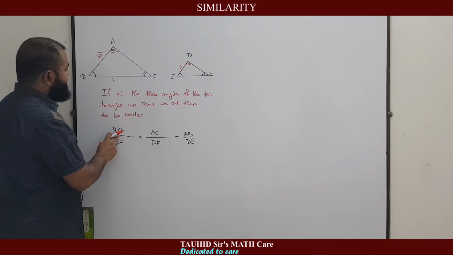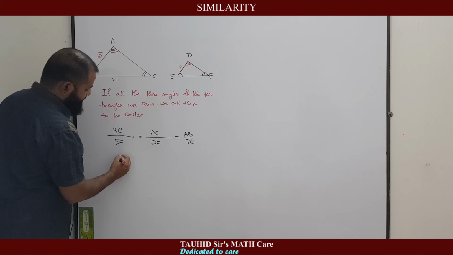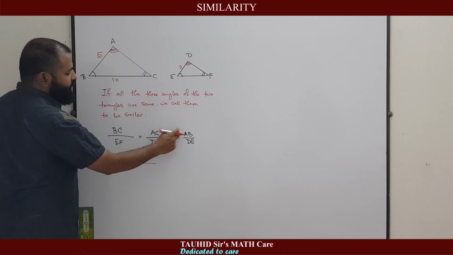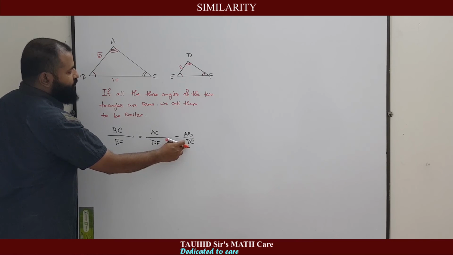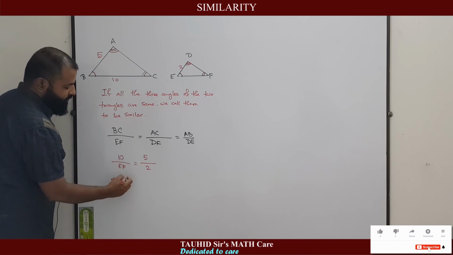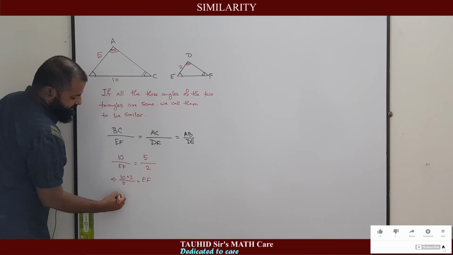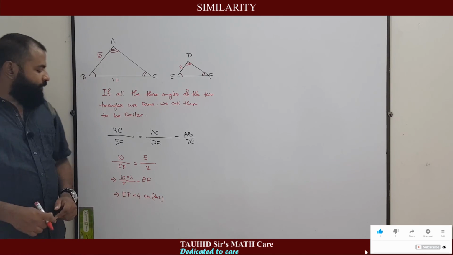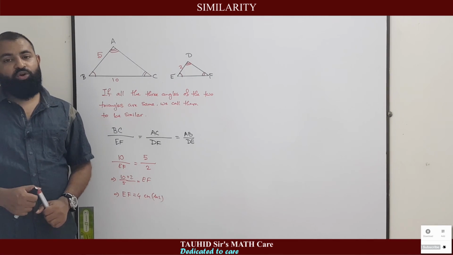Here you are given that BC is 10. You need to find EF, you are given the value of AB to be 5 and the value of DE is 2. Therefore, you can calculate EF from here and you find that EF equals 4 cm. This type of math frequently appears in your O-level exam.